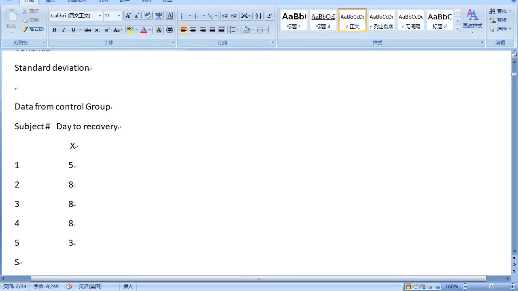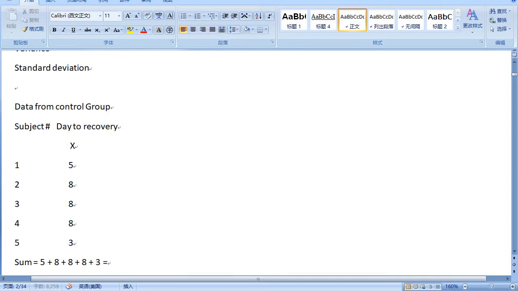We will get the sum of this group. So the first person in this group took 5 days, and then 8 days. 3 people took 8 days to recover. These guys or these girls will blow up the number of the group average, and then you have one fast recoverer, 3 days.